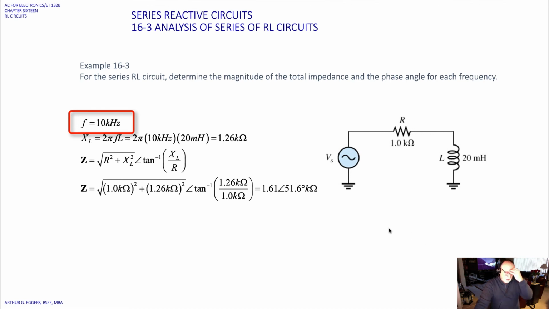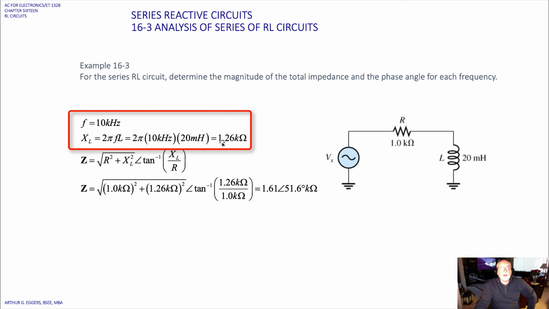So let's look at an example here. In this example, RL circuit, determine the magnitude of total impedance and phase angle for each frequency. We're going to change the frequency. We're going to use fixed values of the resistor and the inductor, again, in this case given in millihenries. So starting off with a frequency of 10 kHz, we run it through our relationship, we get 1.26 k ohms of reactance for that first frequency.